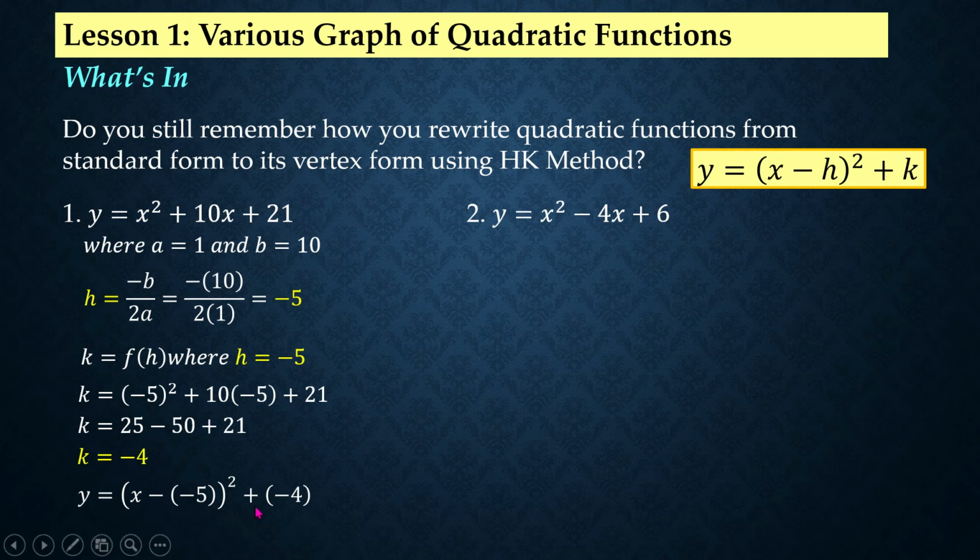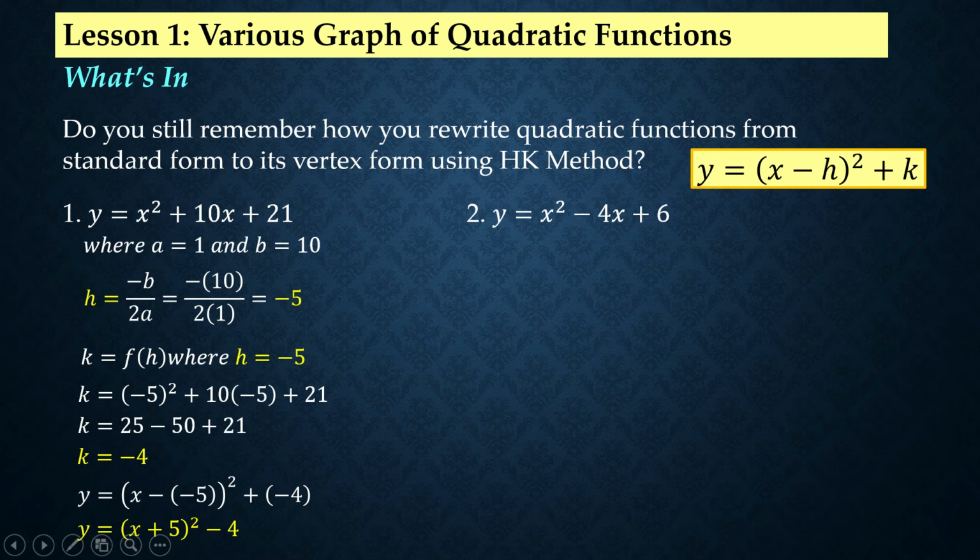So we ignore the plus sign. Whatever the sign of k is, it follows that operation. So that would give us y is equal to the square of x plus 5 minus 4.